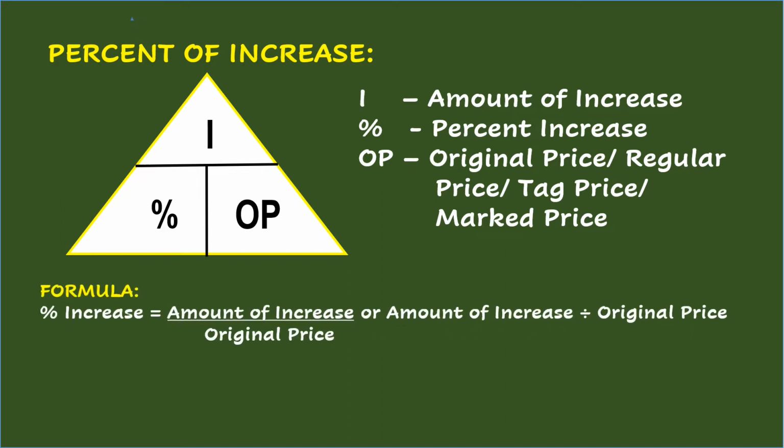So using the triangle, the formula in getting the percent increase is percent increase equals amount of increase over original price, or that is amount of increase divided by original price.